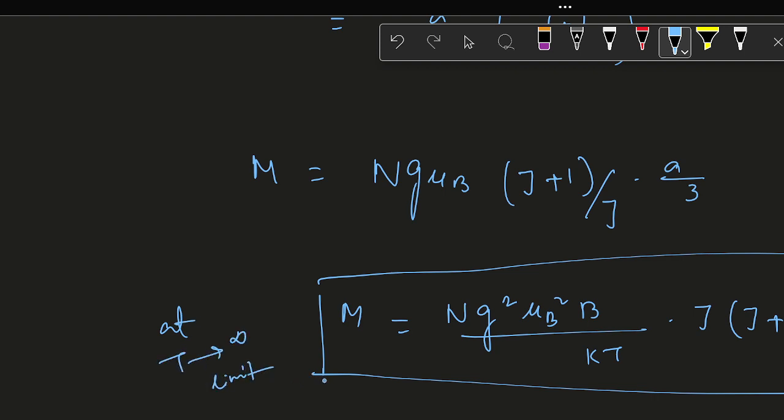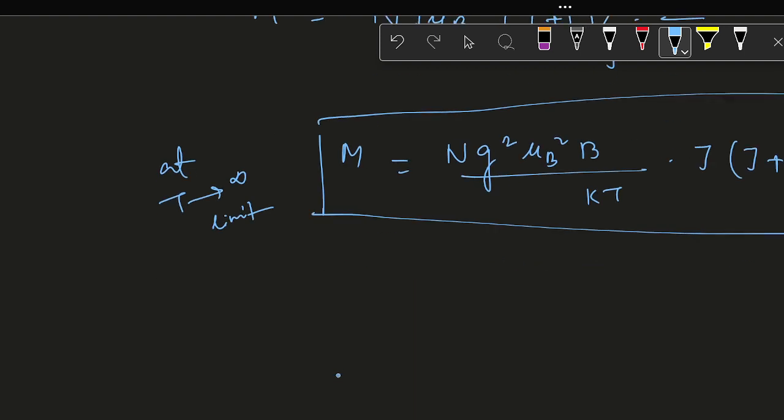Now the further thing is very simple: you have to identify the susceptibility in this case, or the magnetic moment. We do not need to explicitly take out the susceptibility, or you can do that also.